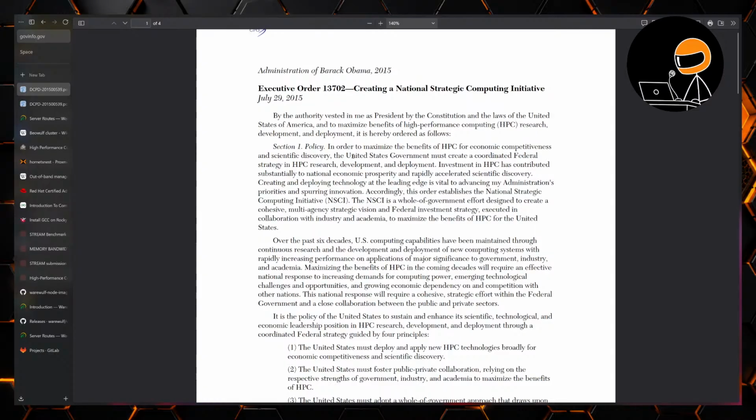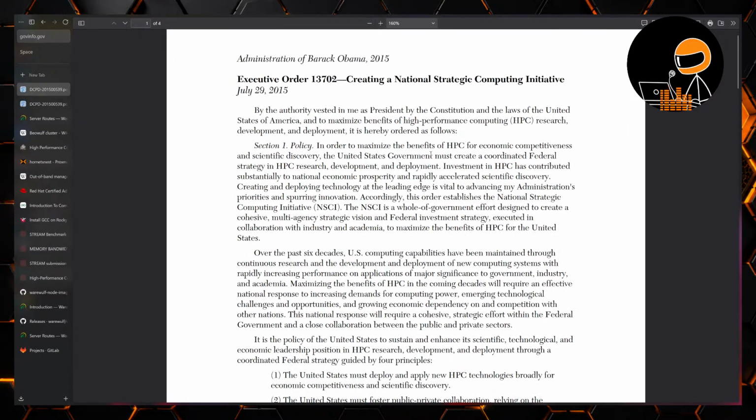Section 1. Policy. In order to maximize the benefits of HPC for economic, competitive, and scientific discovery, the United States government must create a coordinated federal strategy in HPC research, development, and deployment.